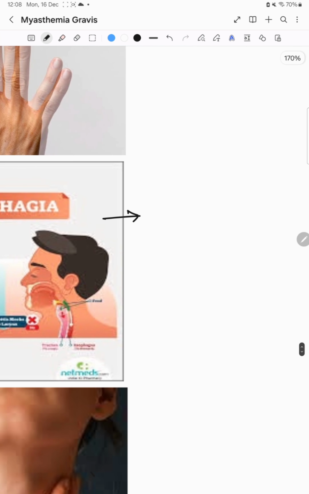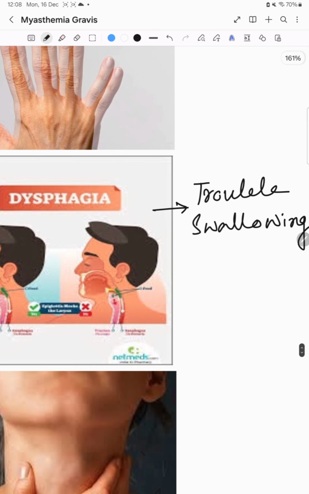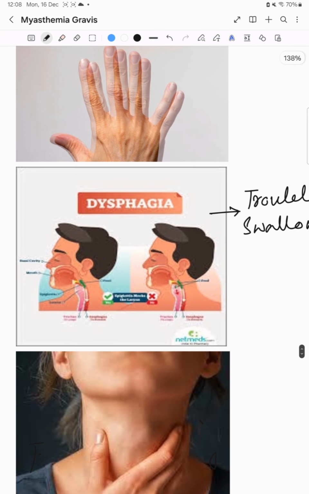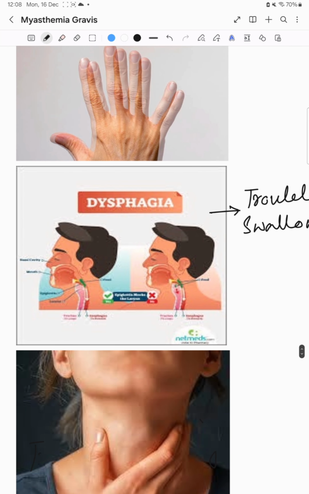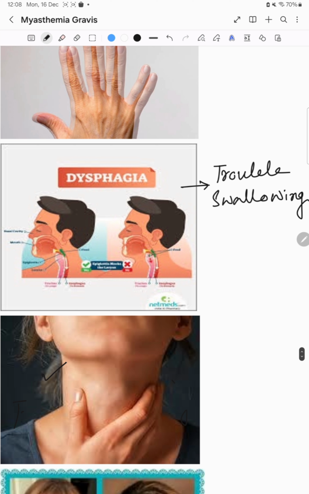Dysphagia is trouble swallowing. That means leading to choking or difficulty eating. It specifically affects the throat muscles. So a person faces difficulty in eating, leading to choking.